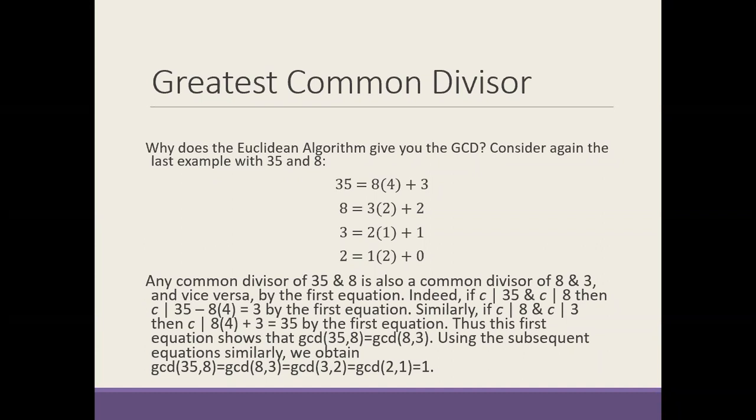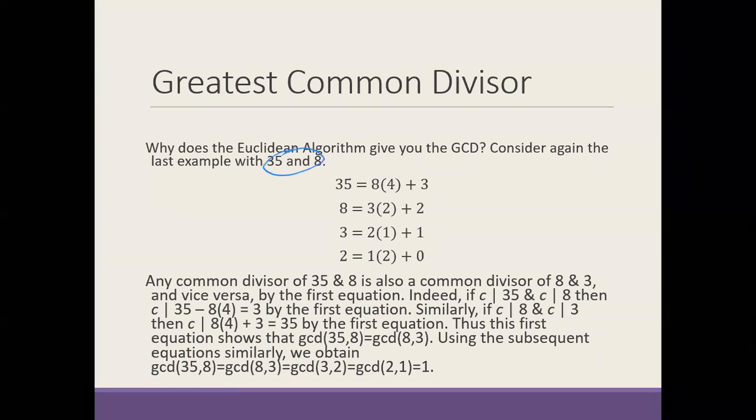So I introduced you last time to this little technique that you can use to compute the greatest common divisor, if you will recall. If I want the GCD of 35 and 8, what do we do? Well, we divide 35 by 8, and we see that it goes in 4 times with a remainder of 3.